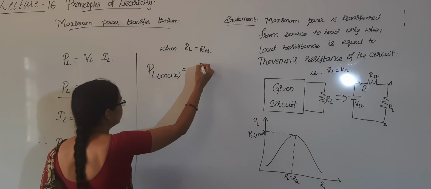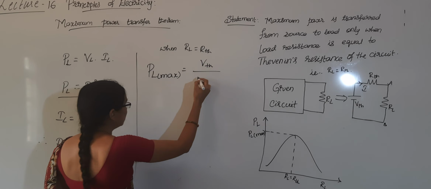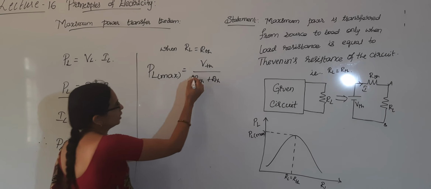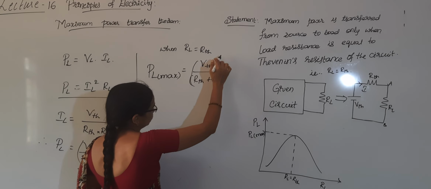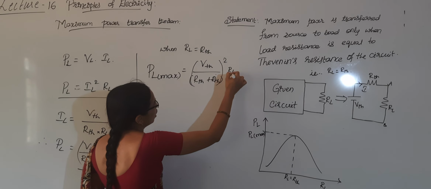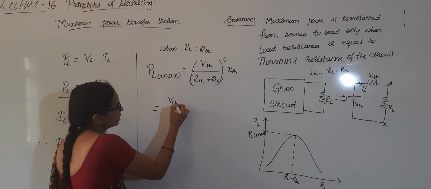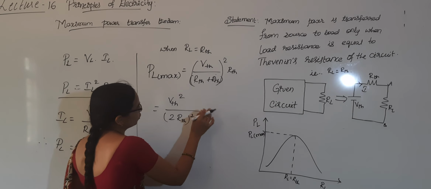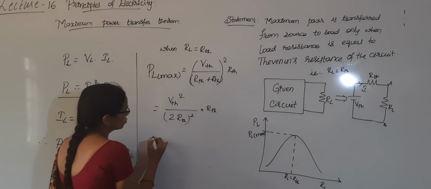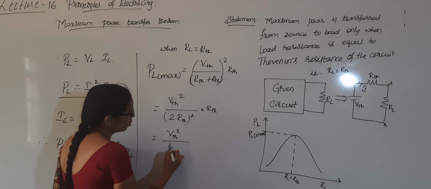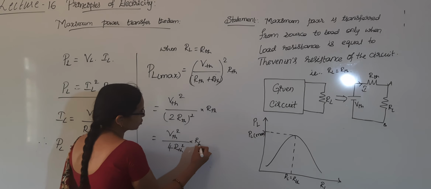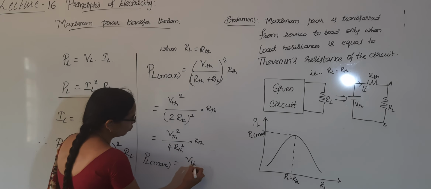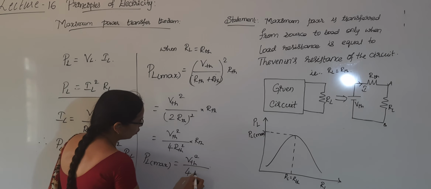Substituting RL with RTH, PL maximum is equal to VTH divided by 2 RTH, whole square, into RTH. So VTH square divided by 4 RTH square into RTH. What do we get? PL maximum is equal to VTH square divided by 4 RTH.